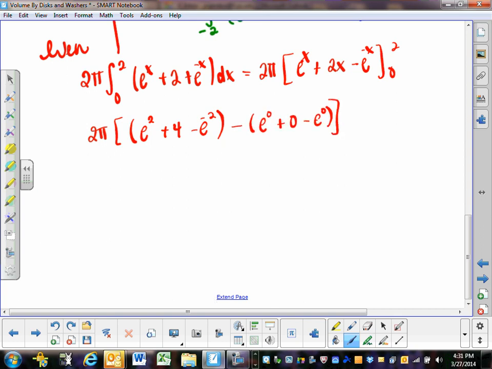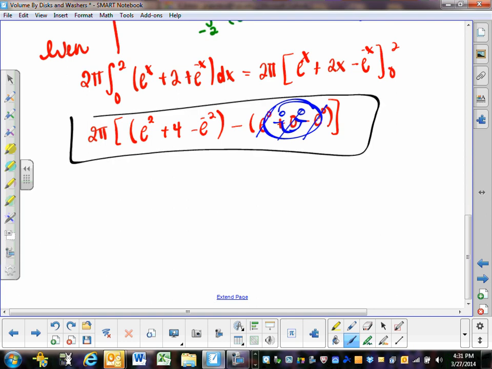So it might not look like it's that much easier, except voila, e to the 0 minus e to the 0 cancels, and that's 0, so this whole term is 0. And that's where the super cool fun stuff happens. So now my free response answer could just be this. If it were a multiple guess, it probably wouldn't look that much differently. It would just be e squared plus 4. Worst case scenario, 1 over e squared. That's it. They probably would not even distribute the 2 pi because it just really wouldn't make it any nicer.